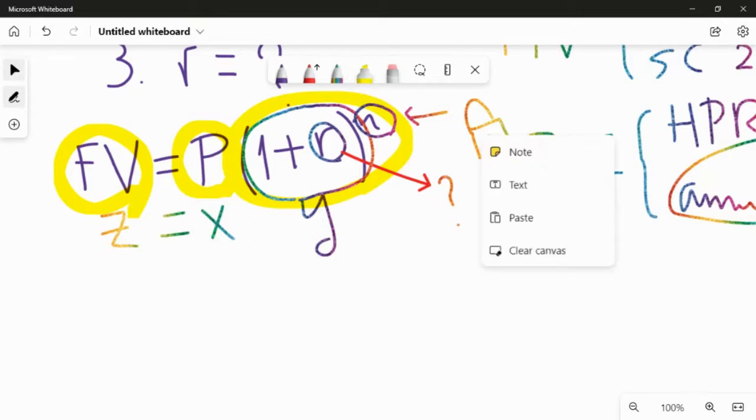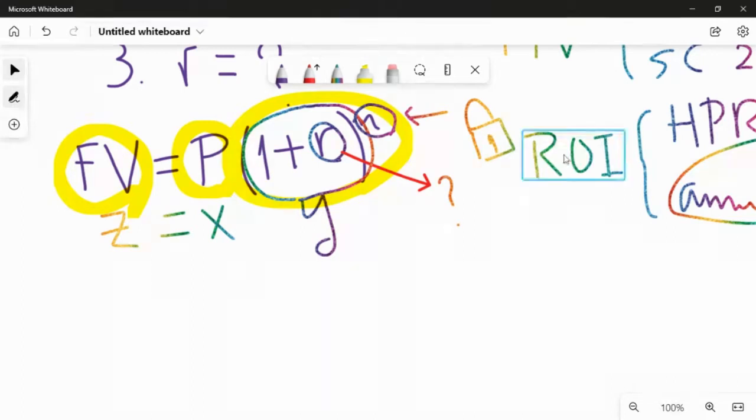You cannot open the cage without opening the padlock. So the first thing is, since we cannot isolate R only, we'll have to isolate (1 plus R) raised to N, right? Because that's like a cage and the lock on it, they go together.